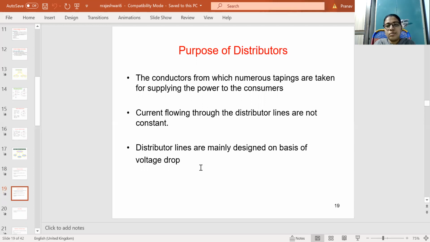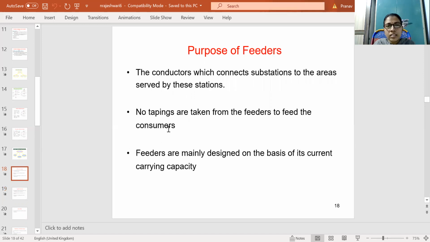But in the case of a distributor, many tappings are required for supplying power to the consumer centers. These are distributors. The current flowing through distributor lines is not constant, whereas feeders are mainly designed based on current carrying capacity.